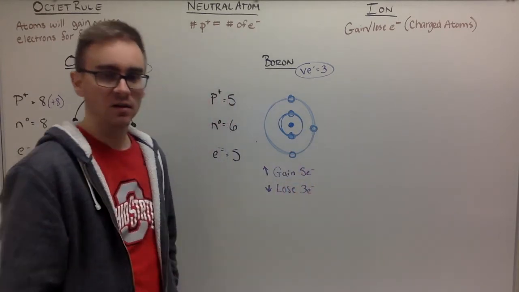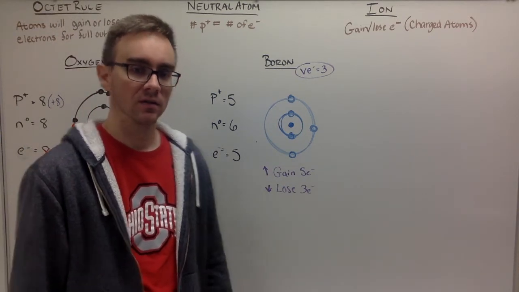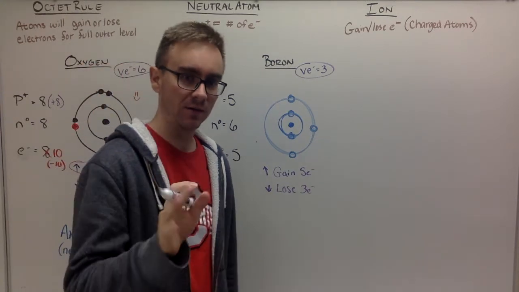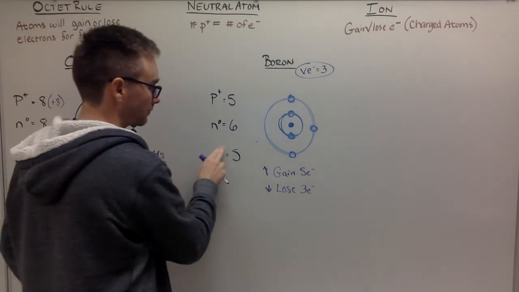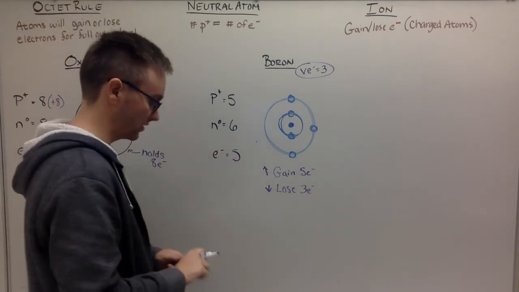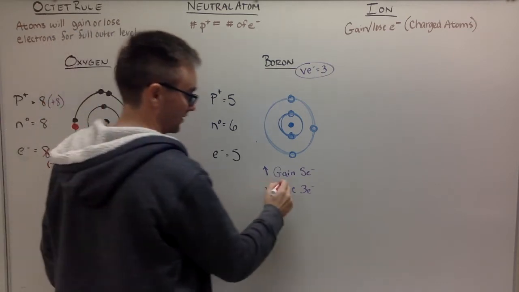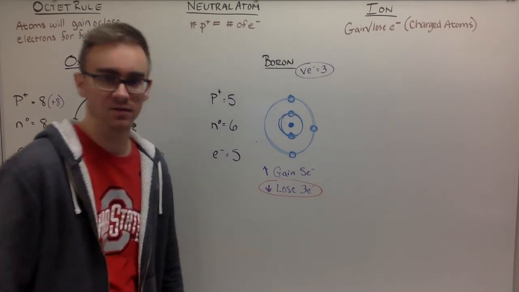Now I know what you might be thinking: well, wait, if it loses, it's just not going to have that outer energy level. Follow along. Keep that question in mind, but it's going to come back, I promise. So, we always do what's going to be easier. In this case, easier is the lower number. We got to be lazy on this one.